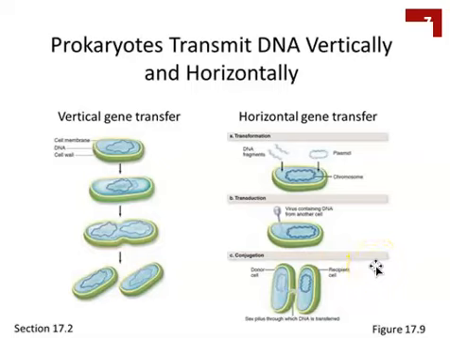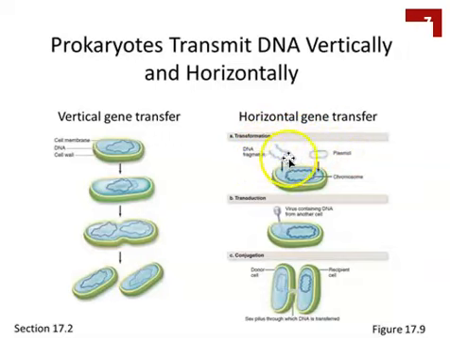The second kind in the drawing is this process of transformation. This one's a little strange to imagine, but in transformation, one cell is actually dying. One cell is going to die and fall apart. And in the process of falling apart, its DNA gets released. That's what they're showing us here.